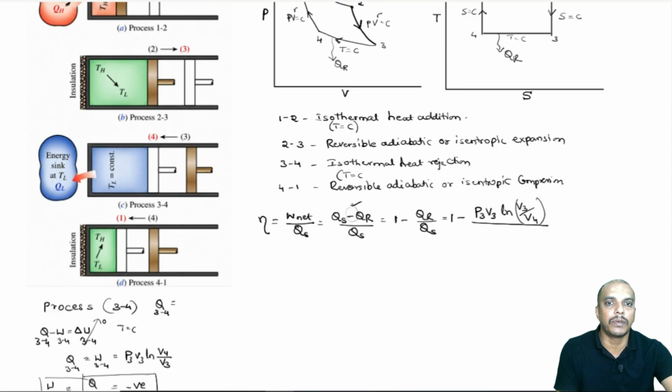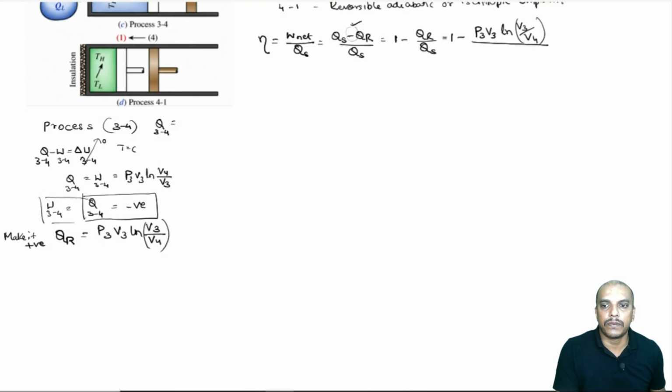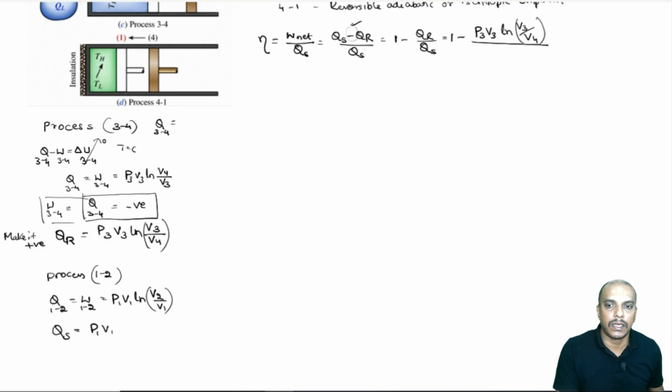Heat supplied is happening between 1 and 2, right. So, for process 1 and 2, Q1 and 2 will be similarly equal to W1 and 2, so P1 V1 ln of V2 by V1. Here we do not have any doubt. It is positive only and we will keep it as it is.